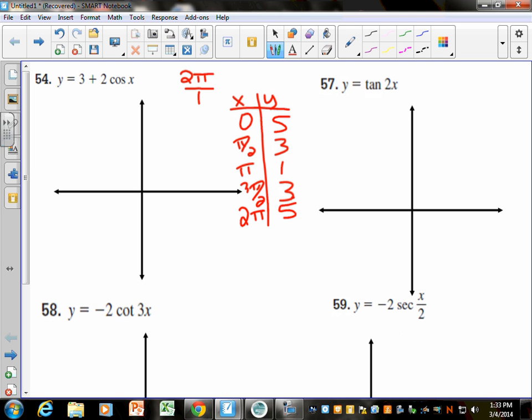It's just kind of weird because we haven't done these with the vertical shifts. What you have to do on your graphs is you have to label your x and y axis. If you don't label your x and y axis, you're going to miss a lot of points because I need to know what it's going by. So for me, I usually label half of it, so then it's implied that this is pi halves, pi, 3 pi halves, 2 pi.